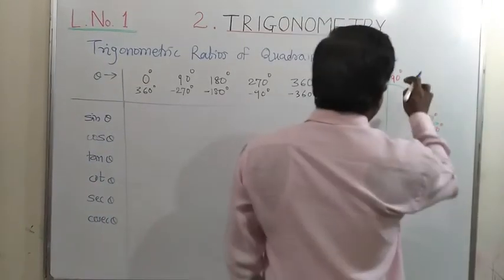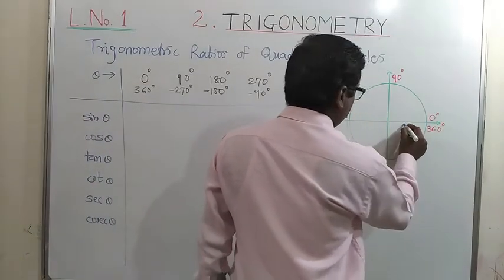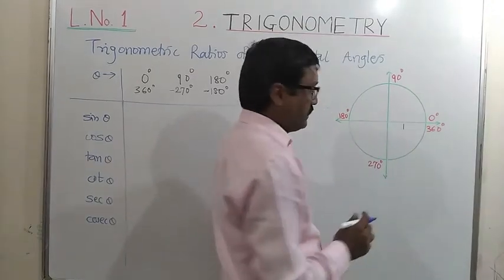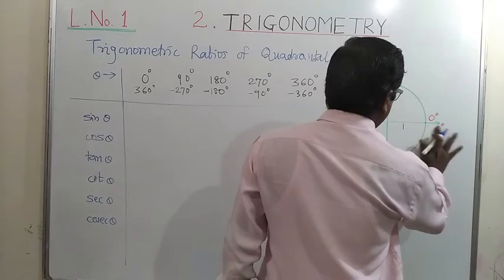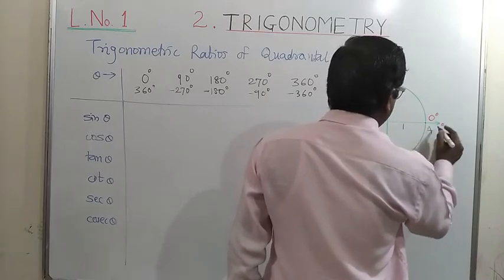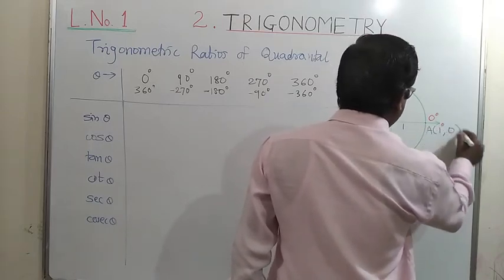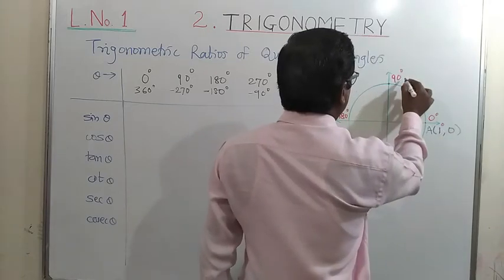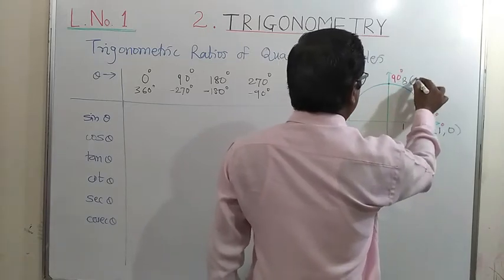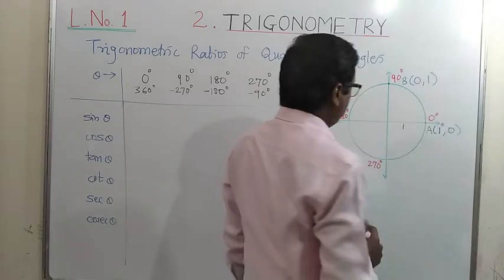Now sin 0. Again, we know that if you consider the radius of the circle equal to 1, then the coordinates of this point A will be 1, 0. Coordinates of this point B will be 0, 1.